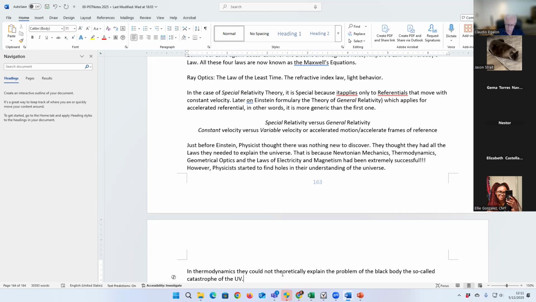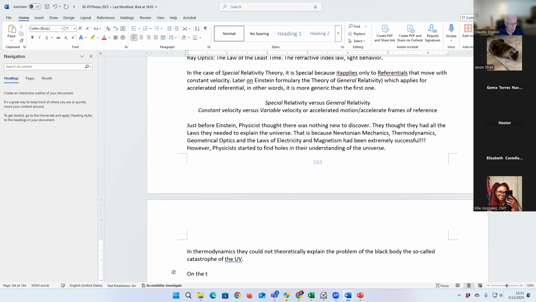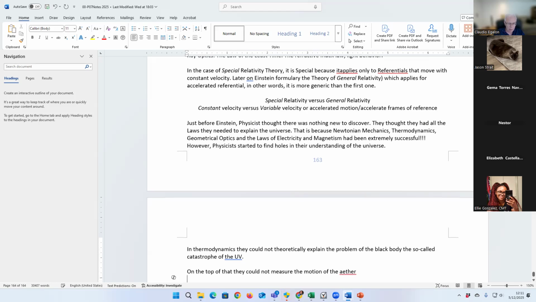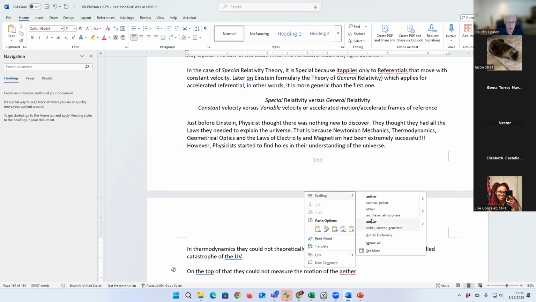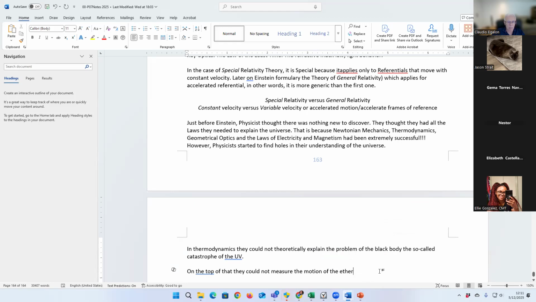On top of that, they could not measure the motion of the ether. Okay. And what was the ether? Let's put the ether here.